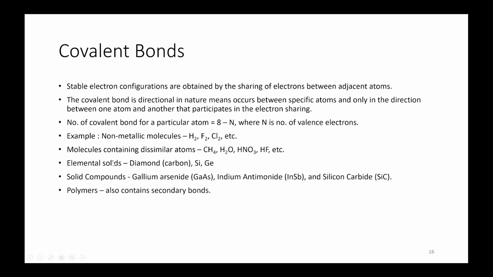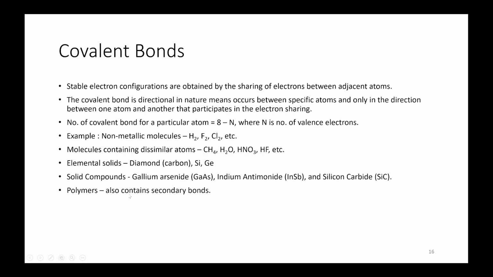Elemental solids like diamond, silicon, germanium also show covalent bonding because they have 4 electrons in the outer shell, so they tend to share electrons. Solid compounds like gallium arsenide, indium antimonide and silicon carbide also have covalent bonding.